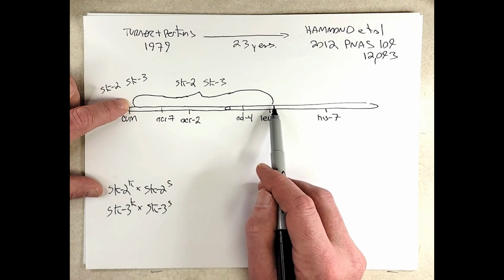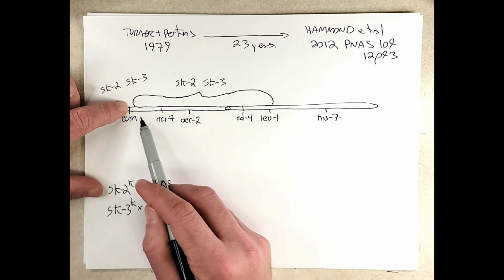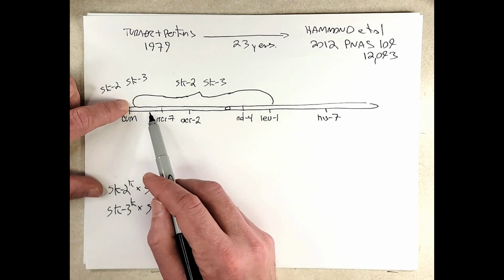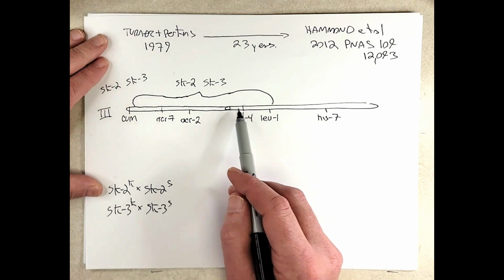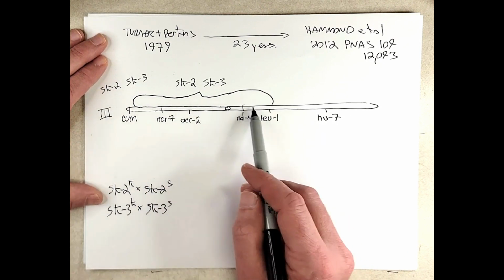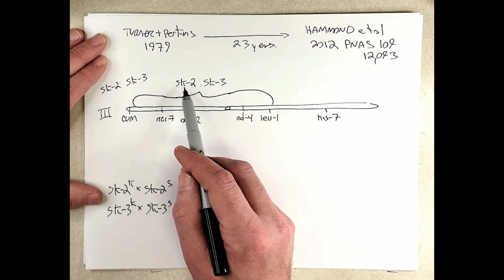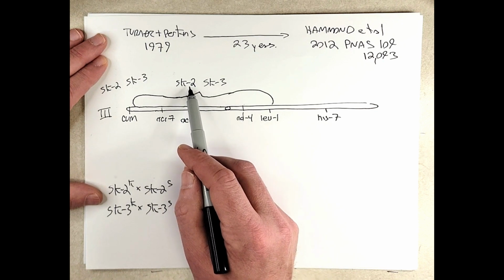So this giant interval here is where the genes required for spore killing by Spore Killer 2 and Spore Killer 3 are found.